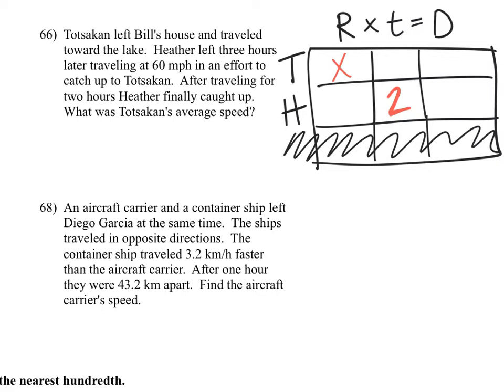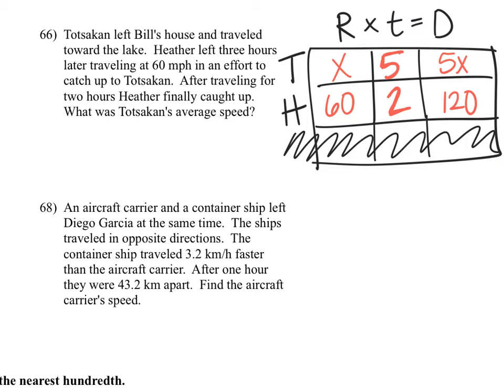And Totsakan left 3 hours earlier, so we know it took him 5 hours. Then the last information we know is that Heather traveled 60 miles an hour. So now I can multiply 5 times x is 5x, and 60 times 2 is 120.